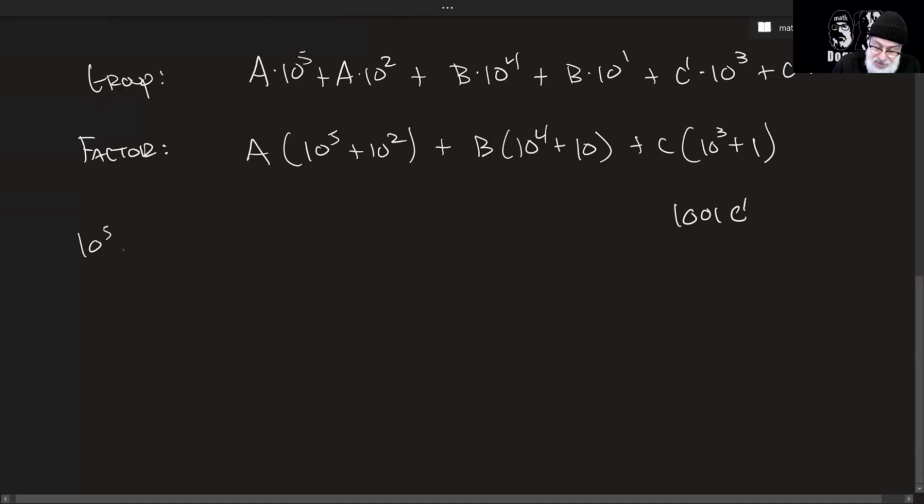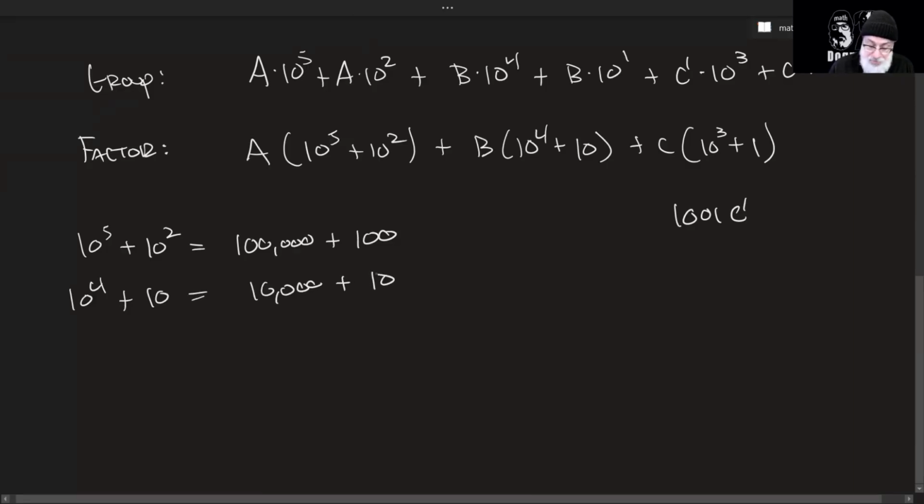So 10 to the 5th plus 10 squared. And these are just powers of 10, so they're not too hard to calculate. 10 to the 5th is 100,000. 10 squared is 100. 10 to the 4th is 10,000. Of course, 10 is just 10. Of course, 10 to the third is 1,000 plus 1, so we got 1,001. So this is 100,100.